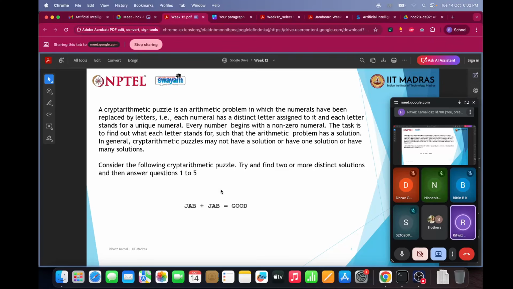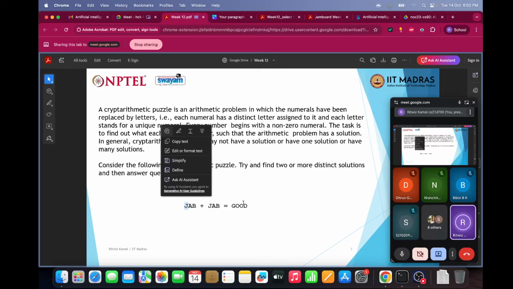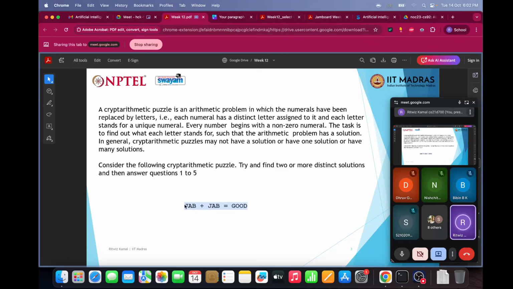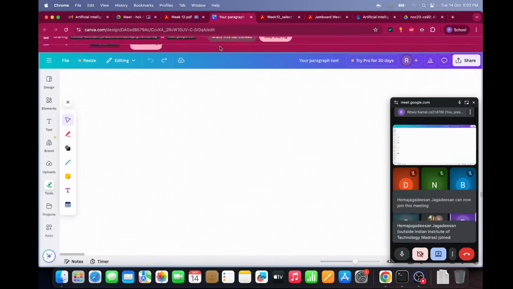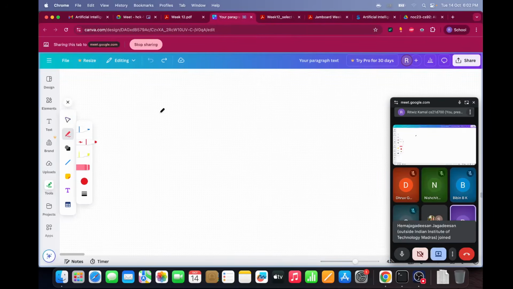So here the puzzle given to you is this: jab plus jab equals good. What you have to do is find a mapping for each of these alphabets with a number, such that this whole equation remains valid. Let me show you some examples so that you can get started easily. So let's say we have this equation.